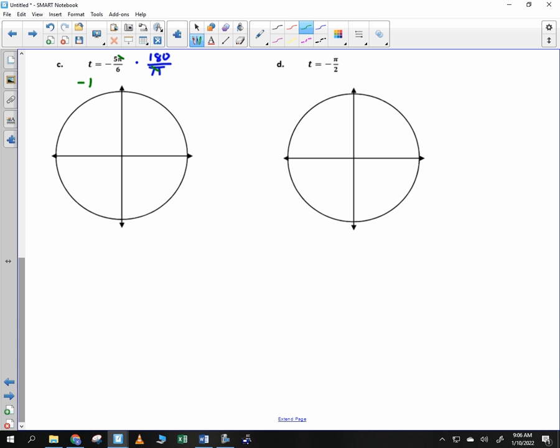So negative 150 degrees. Which quadrant does negative 150 place you in? The second quadrant. No. 150 degrees would place me in the second quadrant right there. But since we're going negative, we'll be right over here, right? That's my angle.